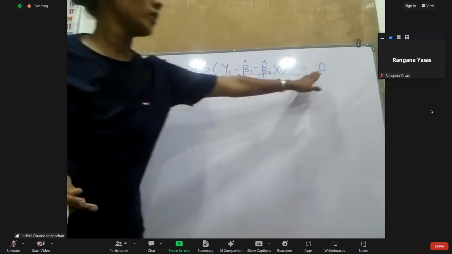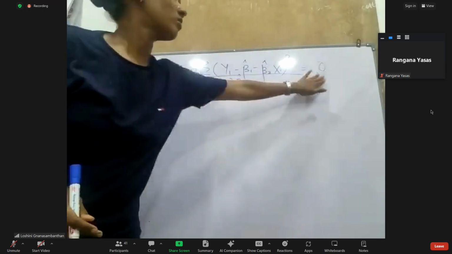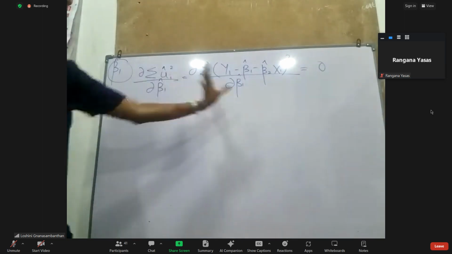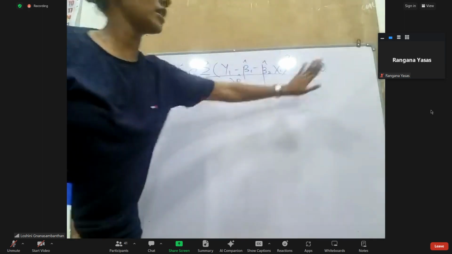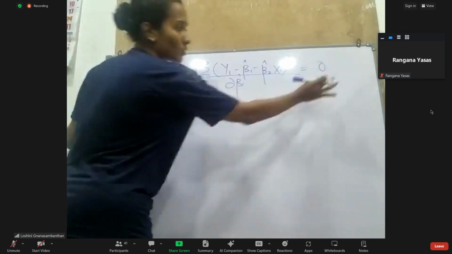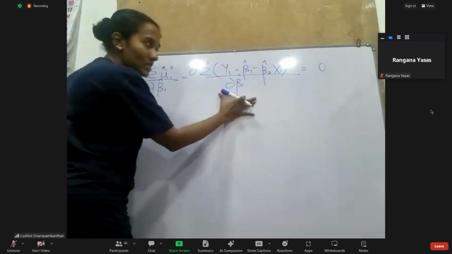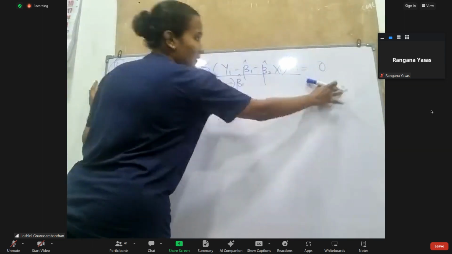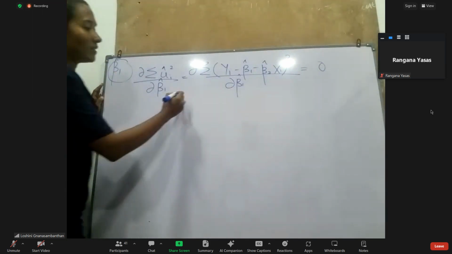Okay. So as I told you, this one we said that we are going to equate to 0. So that means if this is equal to this, then we can equate this whole equation to 0, right? Now let's start with the derivation.